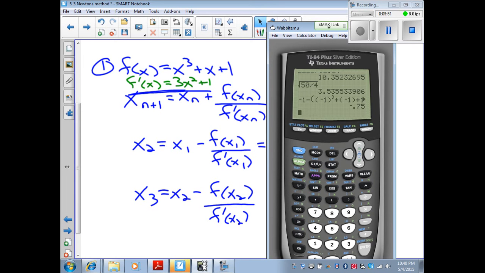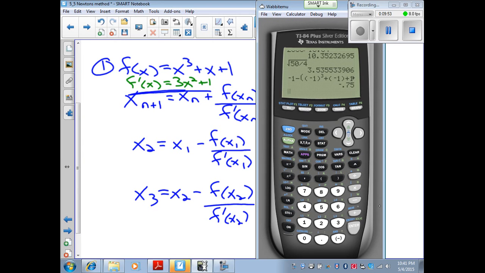Thankfully, my calculator has an answer button, so I can just put in the answer that I just had minus, on top, answer cubed plus answer plus 1, all divided by, open brackets, 3 times answer squared plus 1.